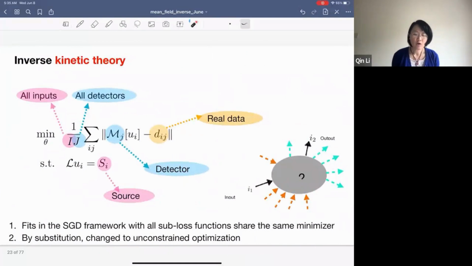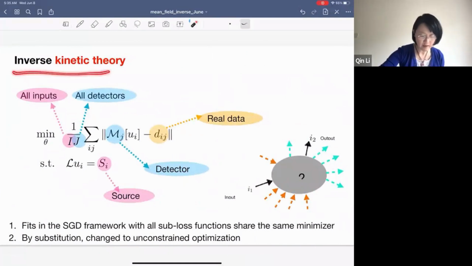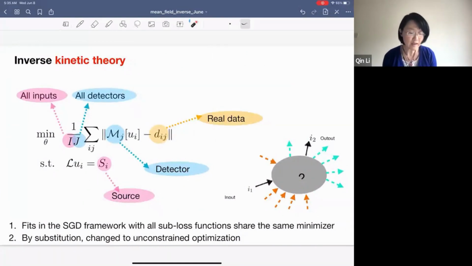So how does data science come into play for inverse kinetic theory? As you can imagine, there's a question mark here that we would like to infer. The material is not known, but you want to infer it, and what you can do is collect data sets. Very quickly, this problem falls into a PDE constrained optimization.